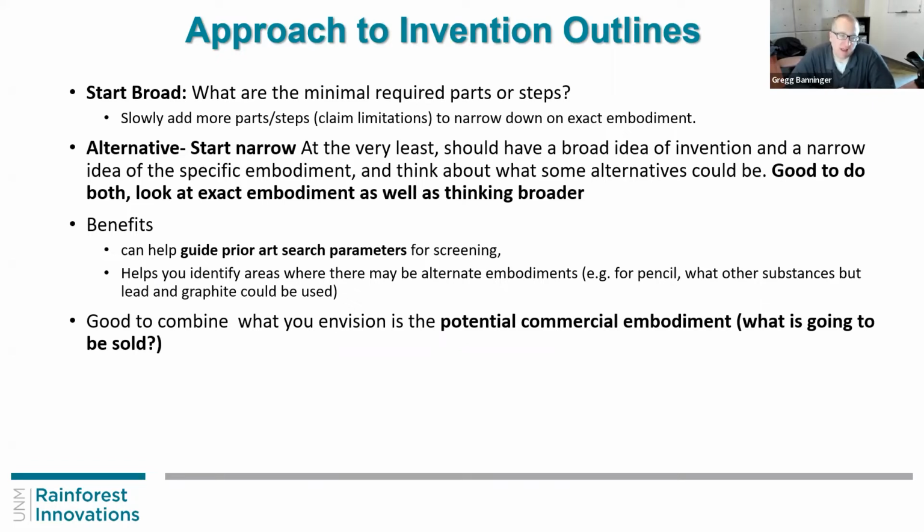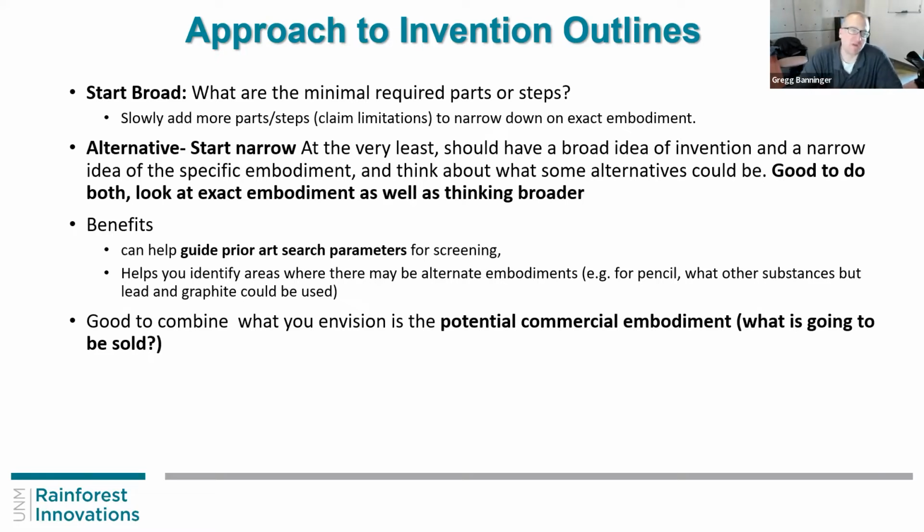So, approaches to invention outlines. Typically, we'll start broad and go narrow. Obviously, when you start your search, you'd want to search narrow right away, because if you find something exactly like your embodiment, that's it, right? But if you find things that are close to it, that might help guide whether you claim very broad or just slightly broader than your exact embodiment.